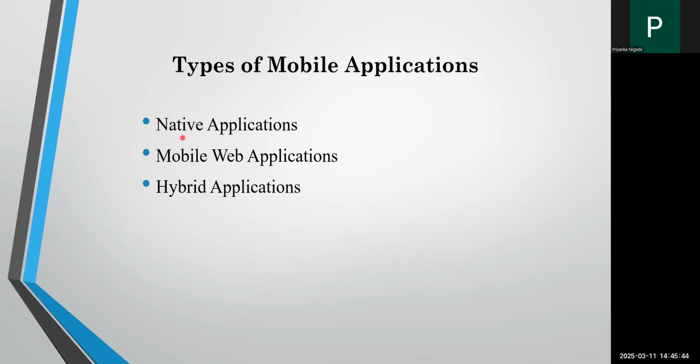Web applications use web pages and rely on the browser rather than the operating system. Through the browser, we can open the web application and test it, so those are mobile web applications. Hybrid is a combination of both, designed to run on several platforms, even several operating systems, right? So it's a combination of native and mobile web applications.